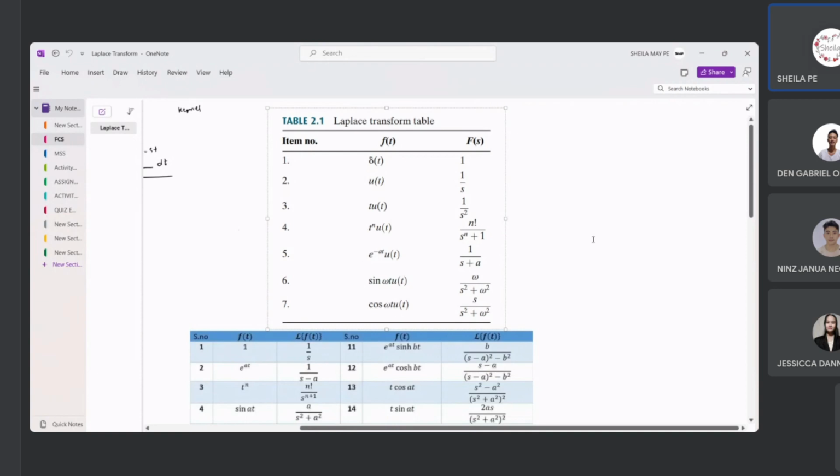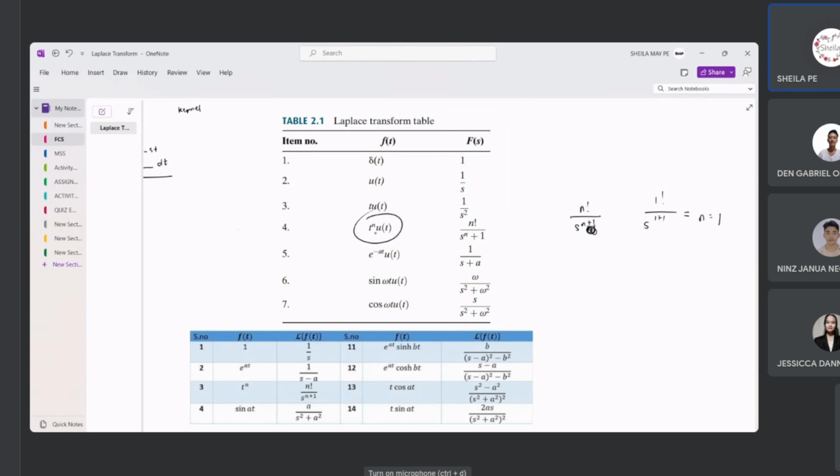So given our n is 1, we have n factorial over s raised to the power of n plus 1. If our n is 1, that's just 1 factorial over s raised to the power of 1 plus 1. So our n there is 1. So that's just t to the 1 u of t, which is basically equal to t u of t.